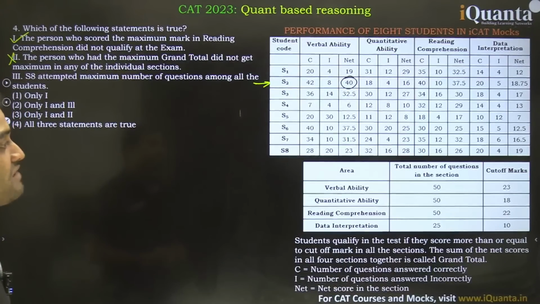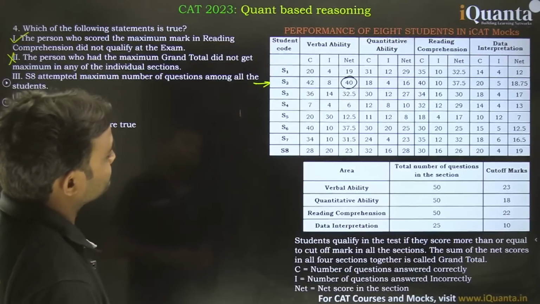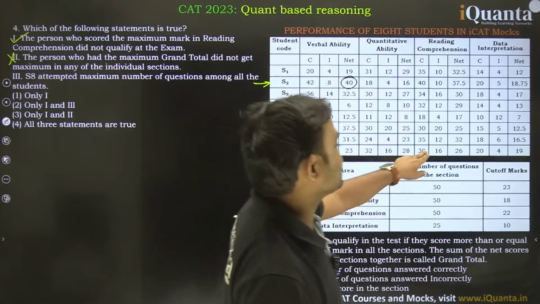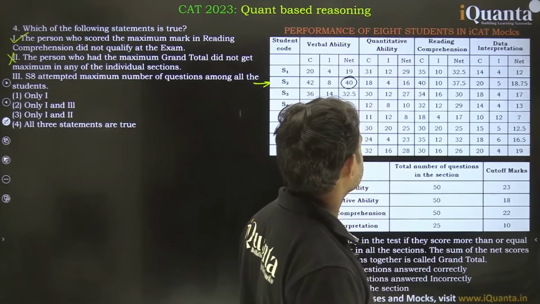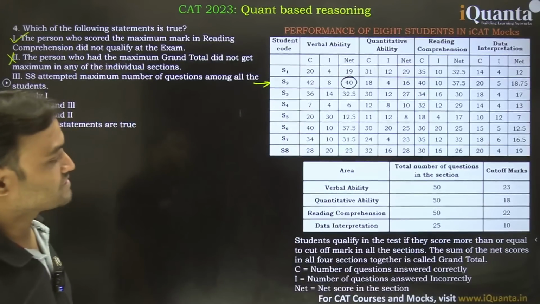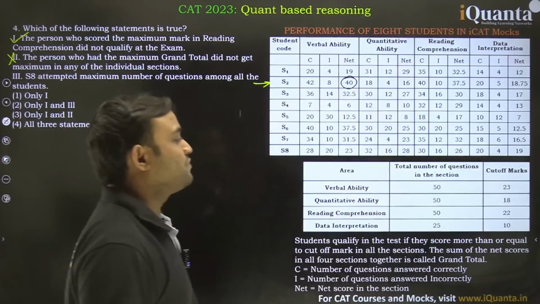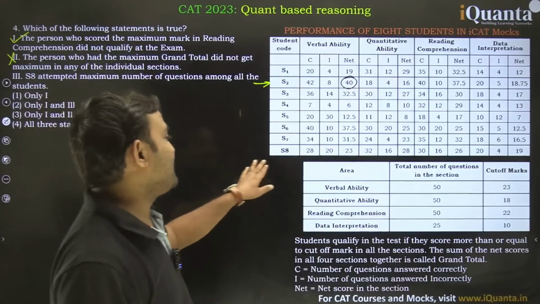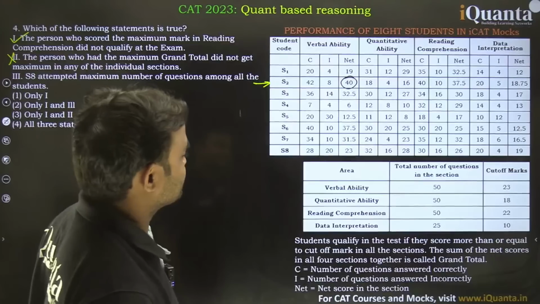Has anyone calculated this? 48, 48, 96 plus 46, 142 plus 24, it's 166. Number of questions attempted by S8 is 166.